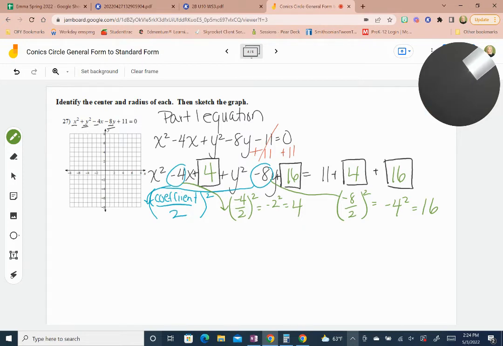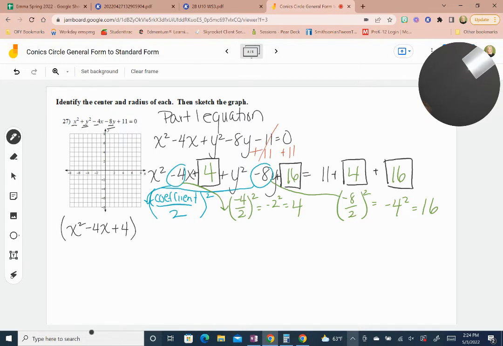Okay, so the next step is that we filled in the boxes, right? And then we can place our parentheses and then go ahead and simplify the constants. So x squared minus 4x plus 4, keep those in parentheses.